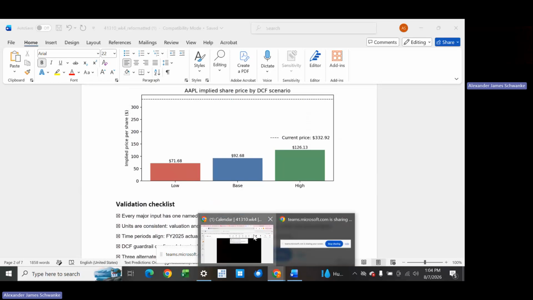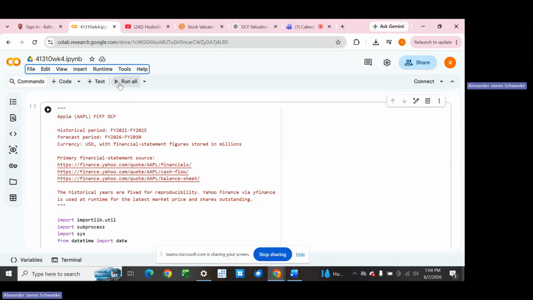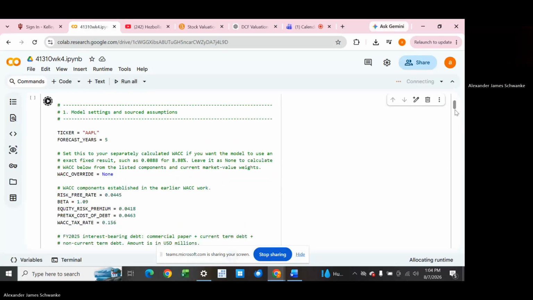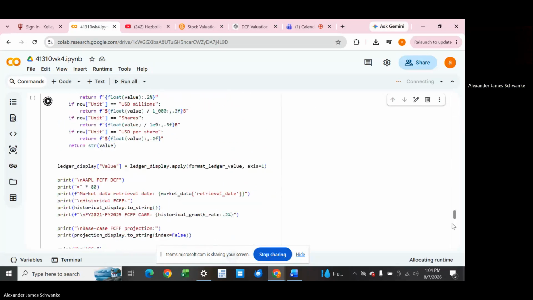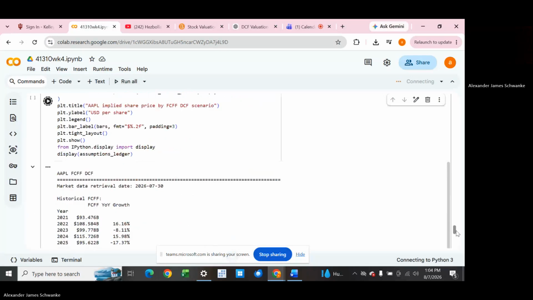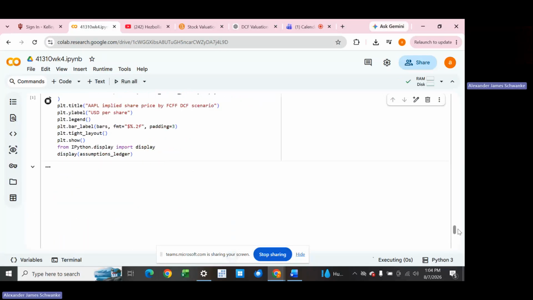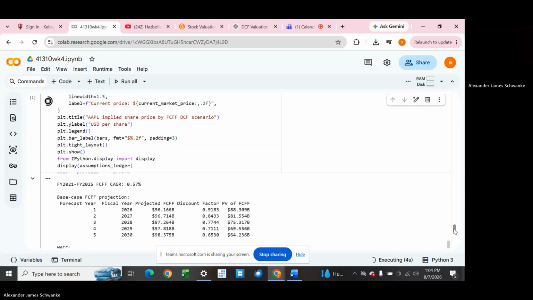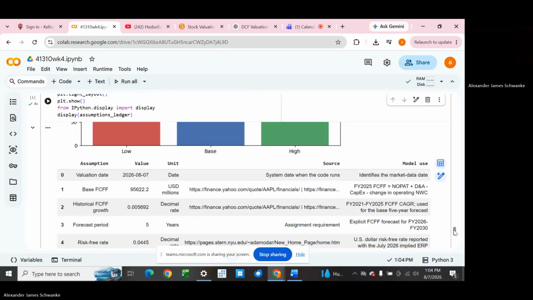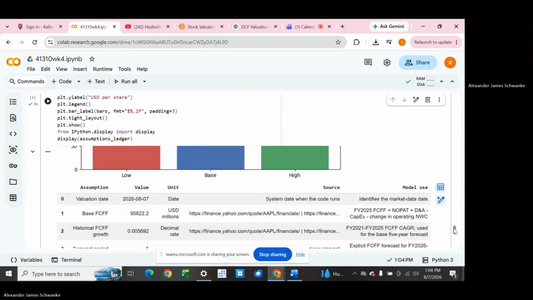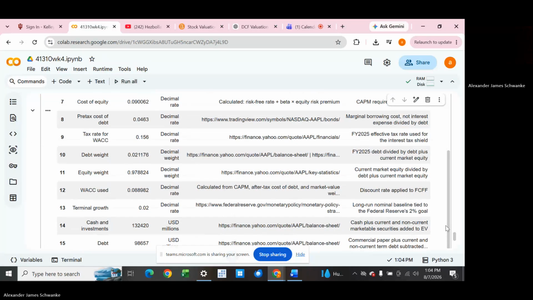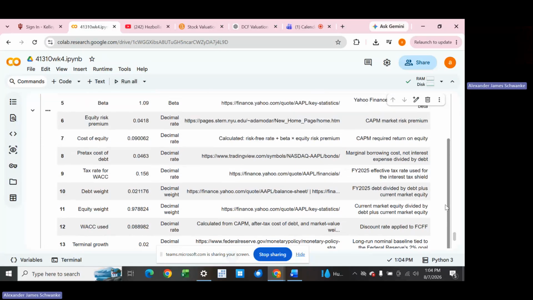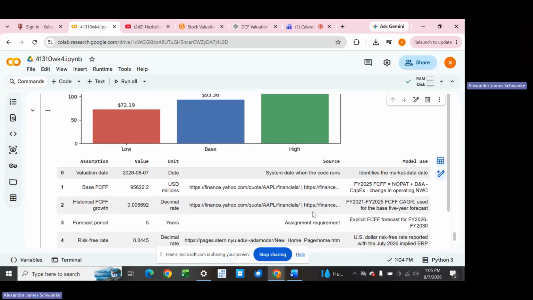And then here's my model. Here's the output for my model. Here is my assumptions ledger, the source, unit, value.